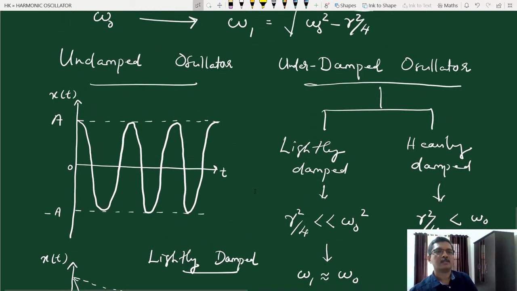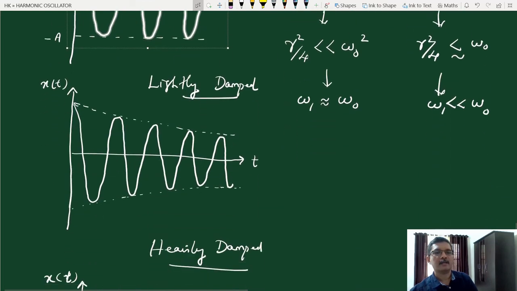In an undamped oscillator, the amplitude remains constant. There is no change in the amplitude. In a lightly damped oscillator, the amplitude is exponentially decreasing, but the decrease is slow.